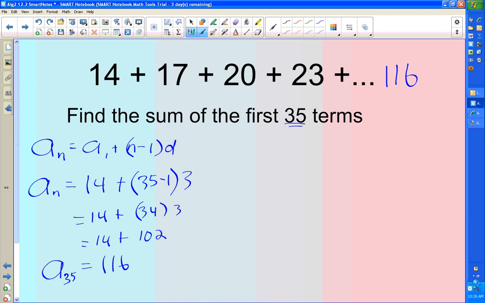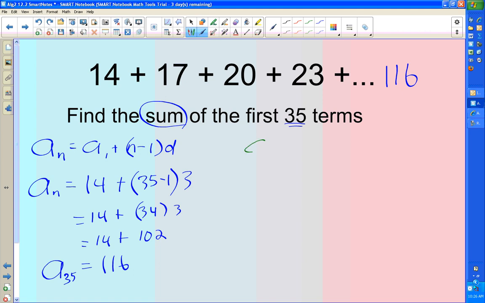Remember, keep focused. I didn't want to know what the 35th term was. Don't get too excited. Great job. Not what I'm asking for. I'm asking for the sum. So don't put 116 as your answer.